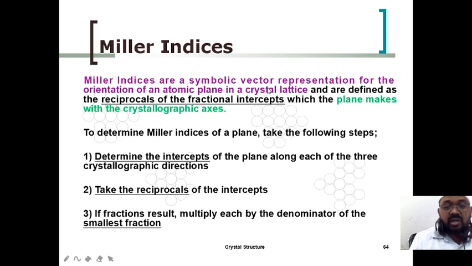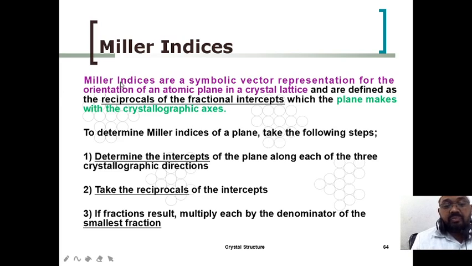So Miller indices are a symbolic vector representation for the orientation of an atomic plane in a crystal lattice, and they are defined as the reciprocals of the fractional intercepts which the plane makes with the crystallographic axes. This is one way of defining it, right? If you find any difficulty understanding this definition, you can simply write that Miller indices are the three smallest possible integers. Why am I writing three? I am talking about the x-axis, y-axis and z-axis.